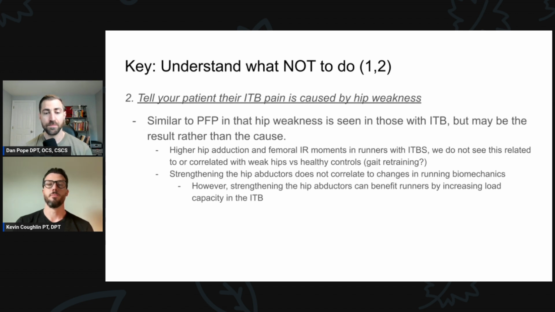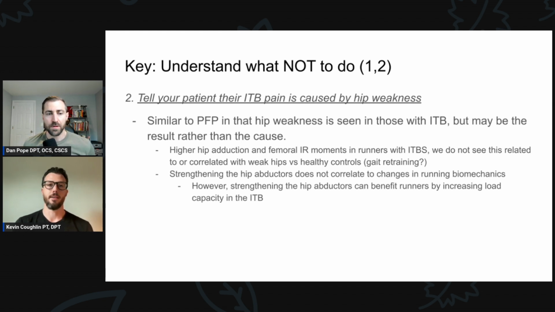A lot of times people look at the Q angle and think that either statically or with movement their hips are weak and that's why they're having some of this pain. We do see hip weakness in people with IT band pain, but that seems to be a result of having IT band pain, not the cause of it.